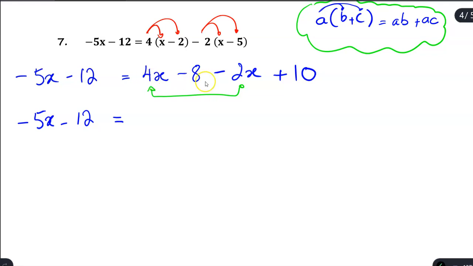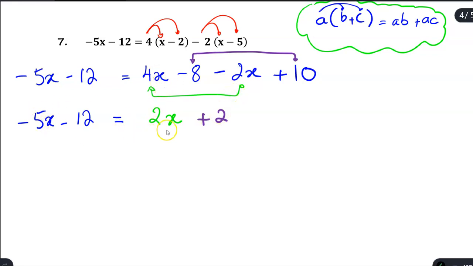So I will have 4 subtract 2, I will have the answer as 2x. Okay, and if I combine these two, negative 8 plus 10, I should have the answer as positive 2. So you simplify your equation one step at a time.